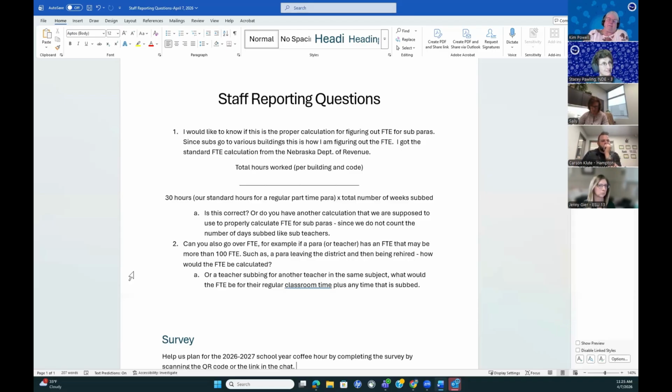In my mind, that para worked to 100%. Honestly, and this is just me thinking, if I had my sub paras and I was reporting them in my staff reporting, I would probably put them at 50% and then at the end of the year go through and adjust them.